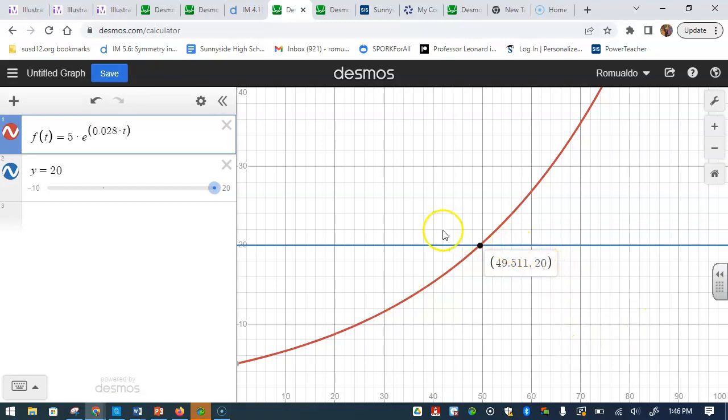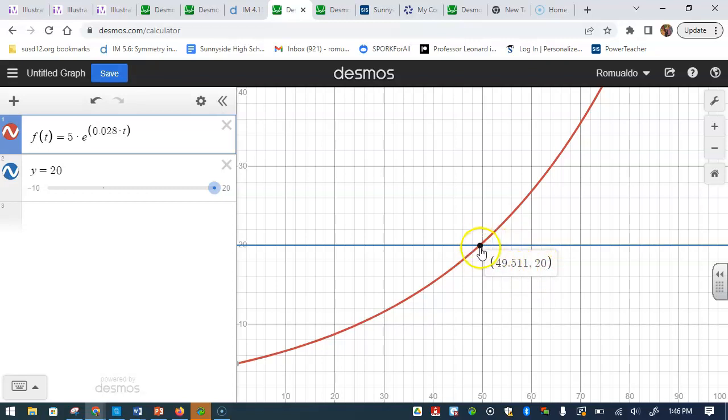So that's it. Question number B was just graphing. And after graphing, question number C is asking what is the point of intersection of the two graphs, and what does it mean in this situation? So the point of intersection represents a common point when the population will be 20 million.